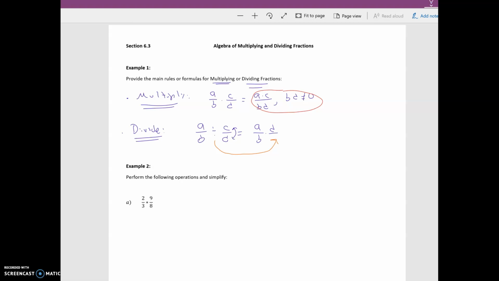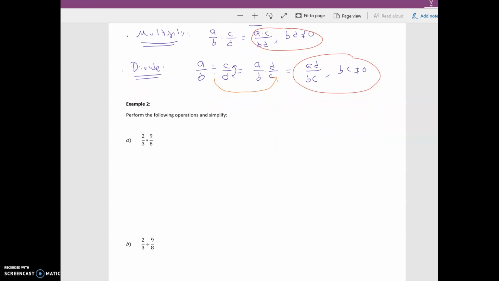So in this case, d over c, and this is just ad over bc, as long as bc is technically not a 0 value. So this will be the main formula if they're asking us to divide a fraction, which represents multiplying by the reciprocal. We'll explain in another video why we end up with that actual answer.